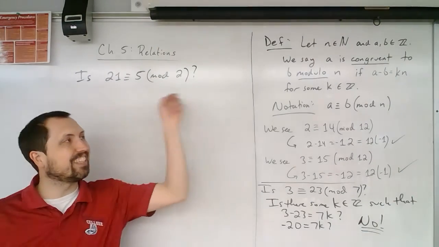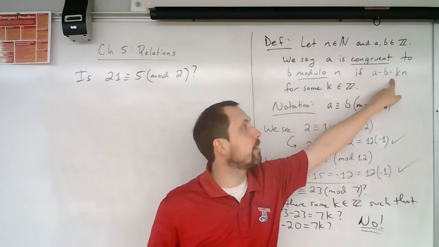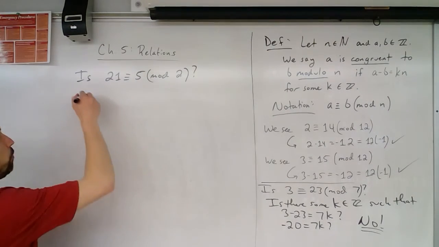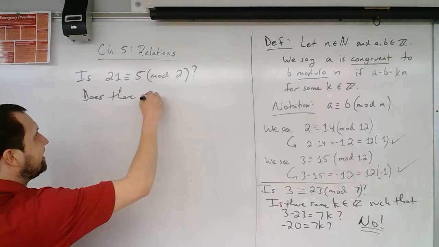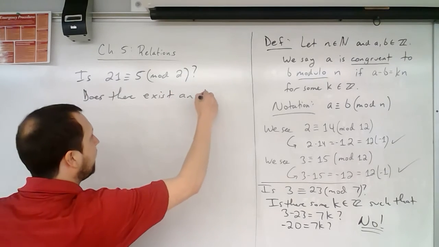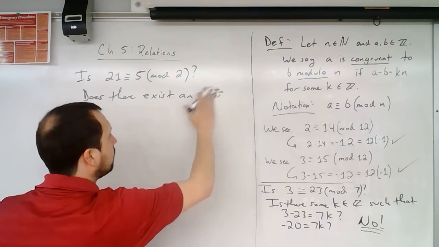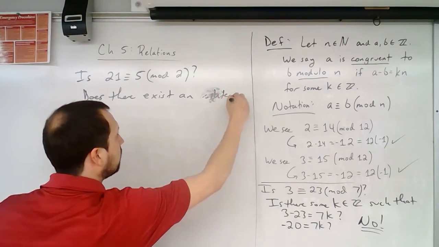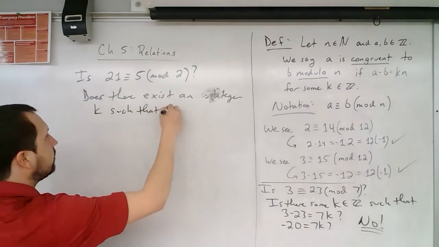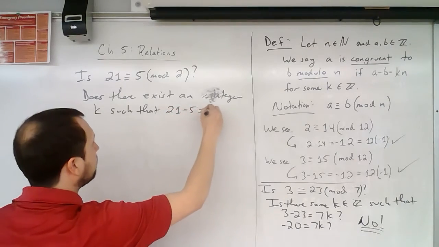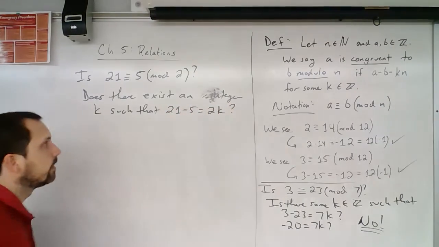So again, the statement, is this true? Well, again, we're trying to rewrite this using the definition. So we're wondering, does there exist an integer k such that 21 minus 5 is equal to 2 times k?